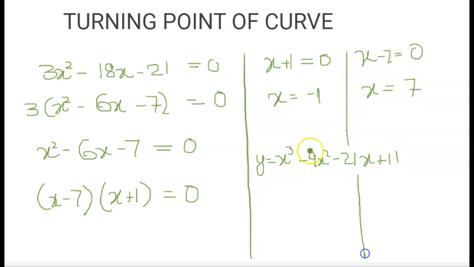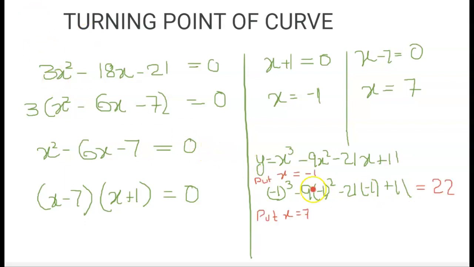Now what you need to do is put, instead of x, minus 1. So you got minus 1 cubed minus 9 times minus 1 squared minus 21 times minus 1 plus 11.